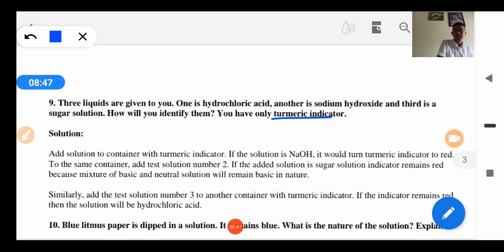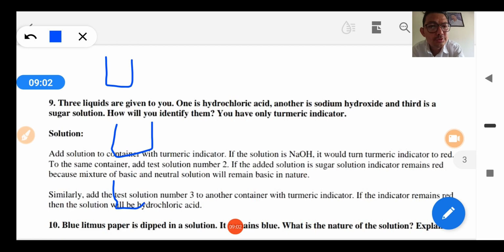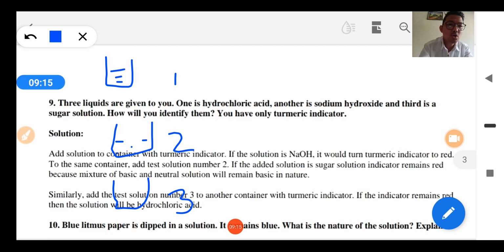So dear students, I don't know how the explanation has been given in the text, but I want you to understand it very, very carefully. You see, you have to take 1, 2 and 3 containers. This is container number 1, container number 2 and container number 3. In the first container we have to take the solution of NaOH.